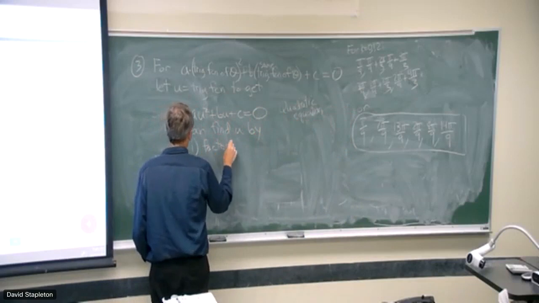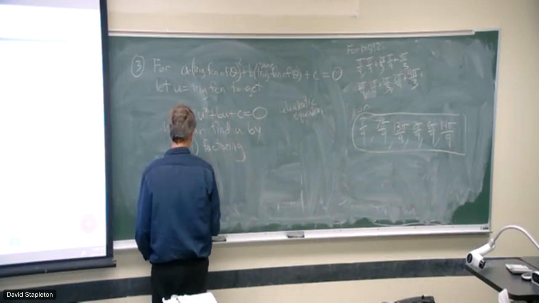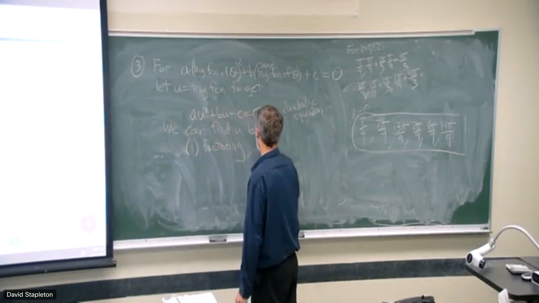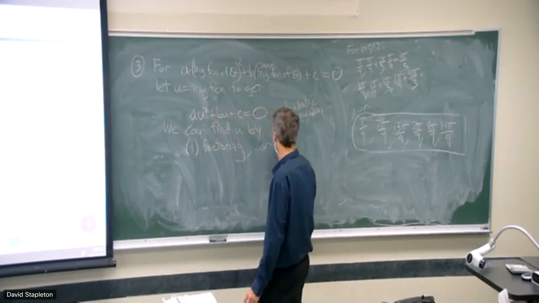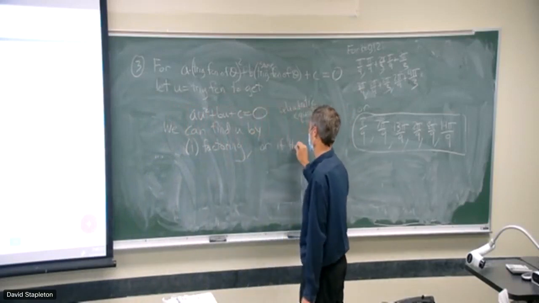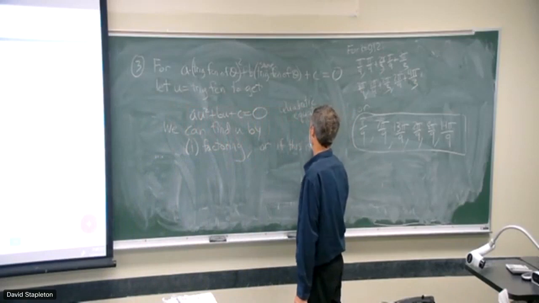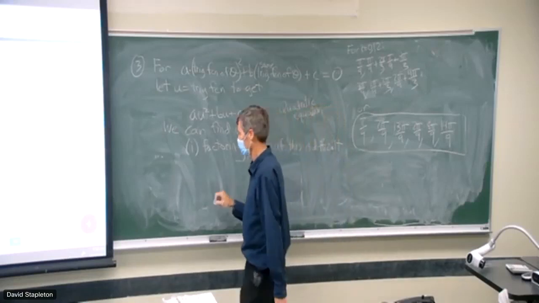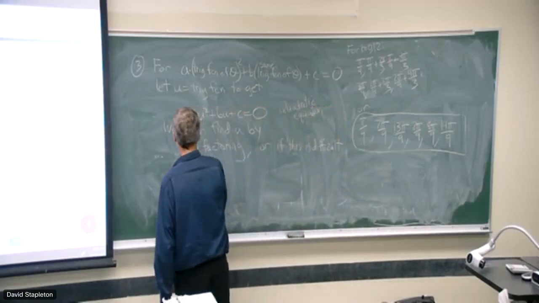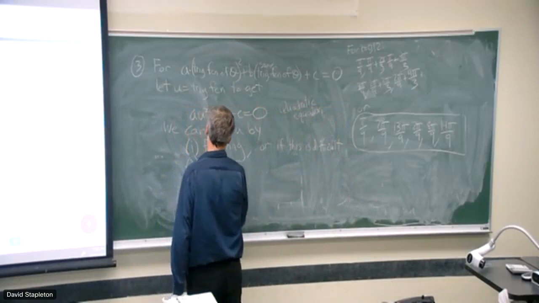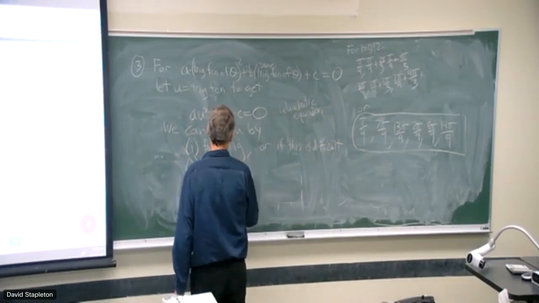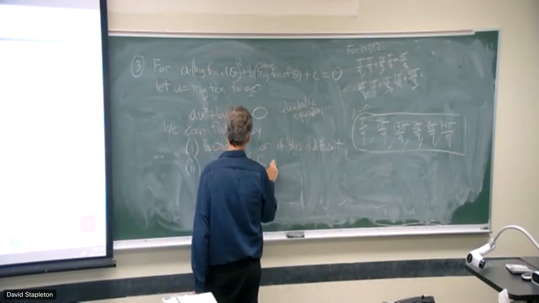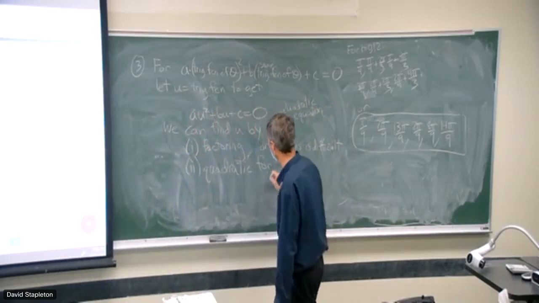If you can factor this thing, you can use the zero product property to solve it. Or if factoring is difficult, there's something that always works. What's another way? Quadratic formula. Yeah, awesome. You can use the quadratic formula. Always works, never fails. Even if there's no solution, it will tell you there's no solution, right?